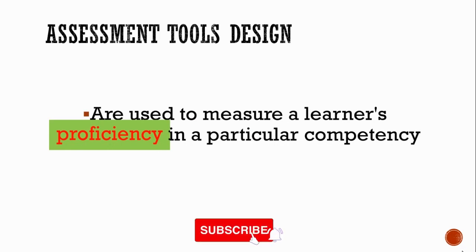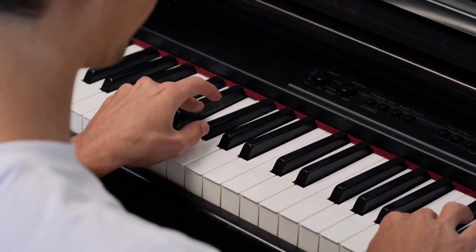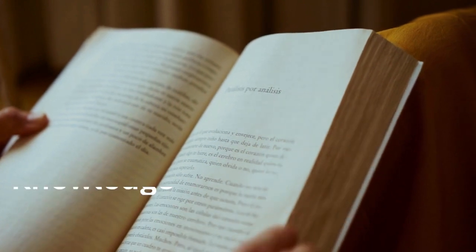When you're talking about proficiency, you're looking at the ability of a learner to perform an activity or a task at a high level of competency. So basically, it's a measure of how well a learner can understand and apply the knowledge, skills, and attitude that are necessary to complete a task.